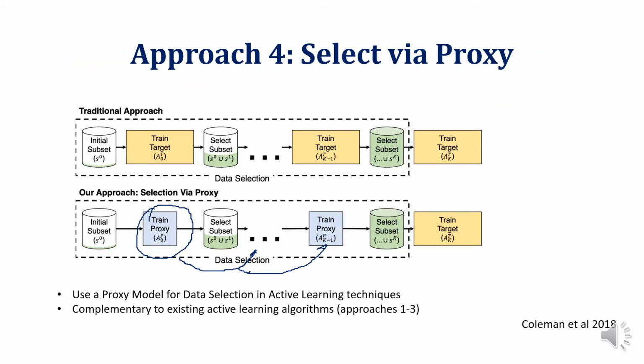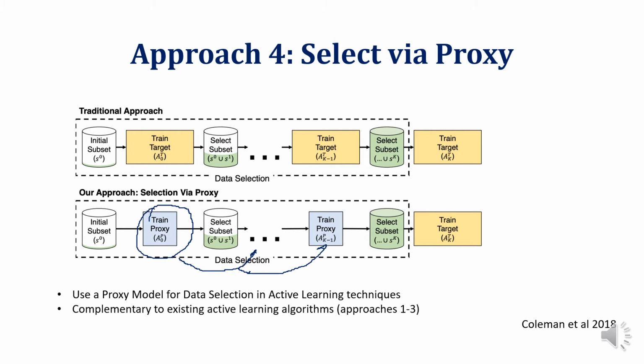In this approach number 4, selection via proxy, the idea is that you first train a trimmed down or proxy version of the overall model. This is used to estimate the utility of individual training data points, to select the most informative ones for training the large target model.